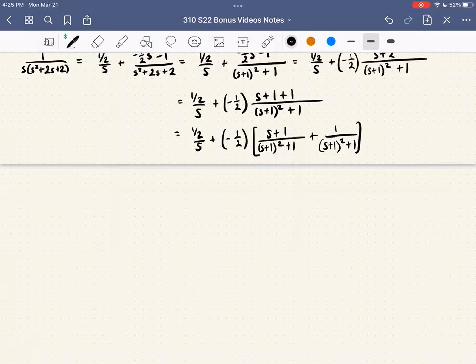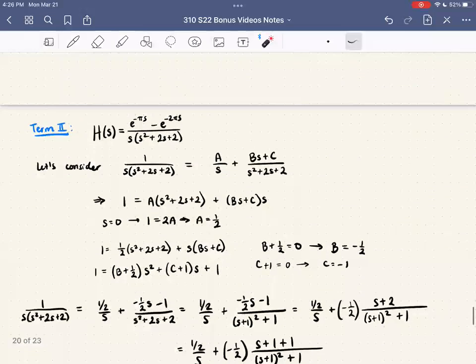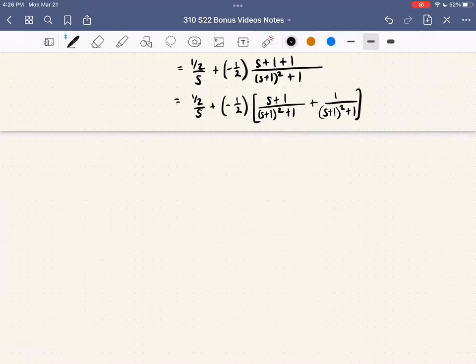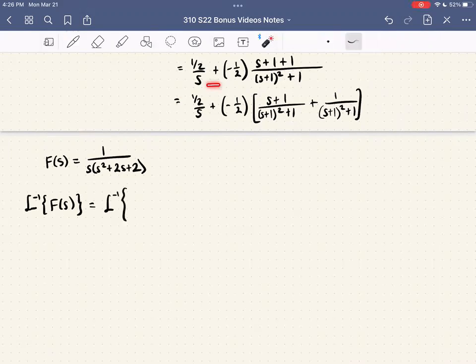So what we really know is that the inverse Laplace transform of this expression, if I call this capital F of s, and say that it is 1 over s times s squared plus 2s plus 2, then the inverse Laplace transform of capital F, remember this was just a portion of the computation we wanted to do, is really the inverse Laplace transform of this expression.